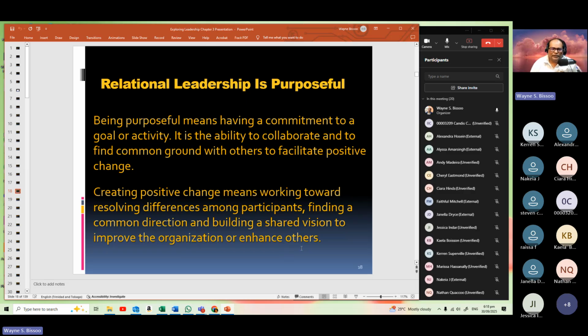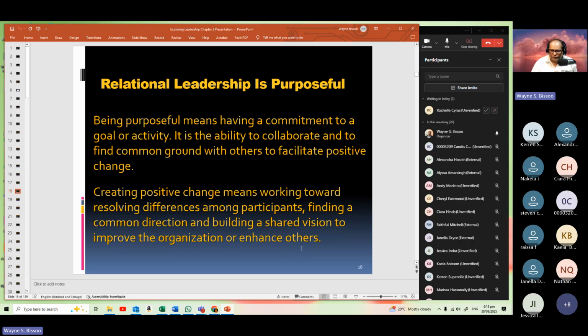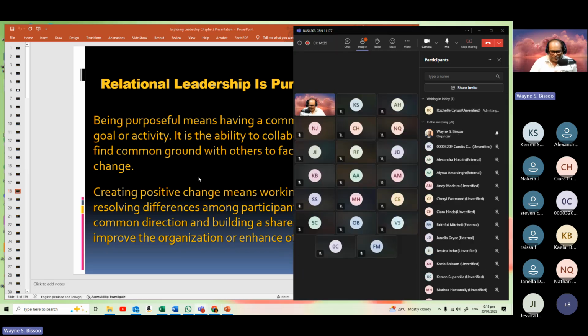You're just there to drink beer, have fun, talk about the old days and that kind of stuff. But when you start to get together in organizations, it needs to have some sort of purpose. And the purpose that we're talking about here is something that we get together to make the world better around us. So that's the two elements of the function or the vision of the organization.